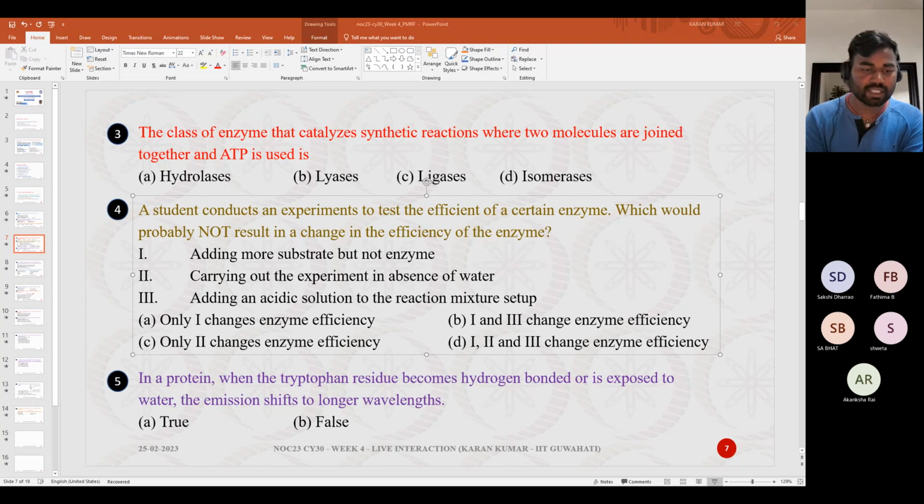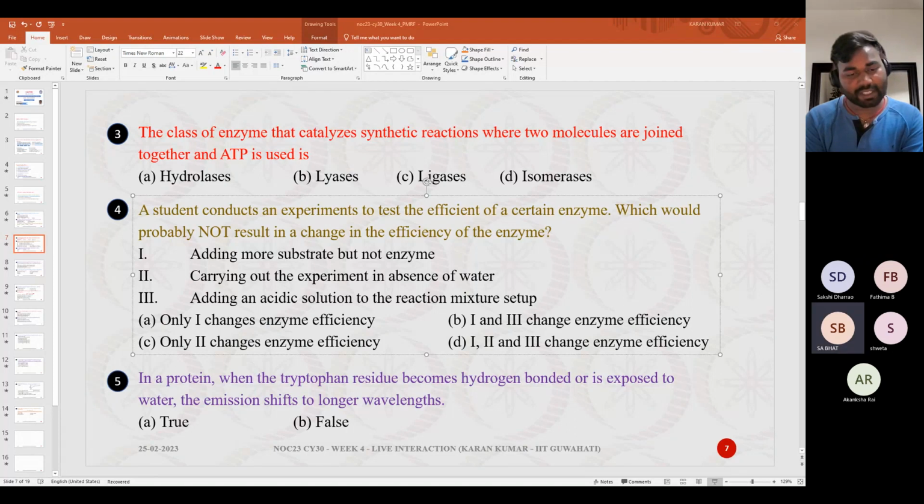Now the third statement: adding an acidic solution to the reaction mixture setup. Will it affect the enzyme catalysis, the enzyme efficiency? Yes, because adding the acid will denature the enzyme, which is a protein itself. Okay, it will denature the enzyme. Why will it denature?